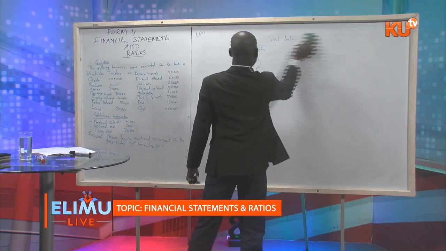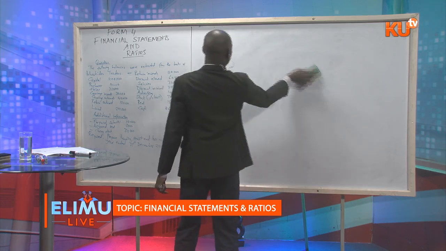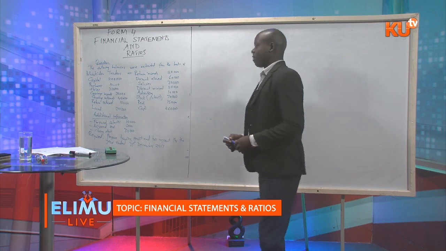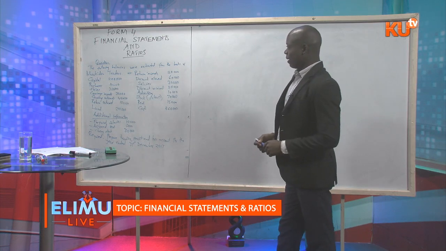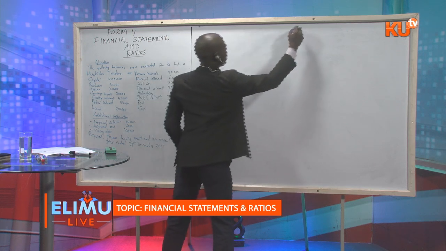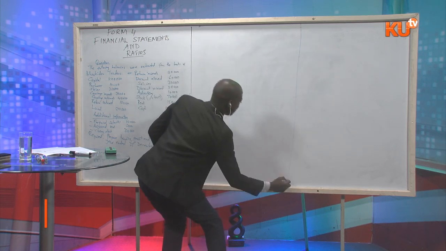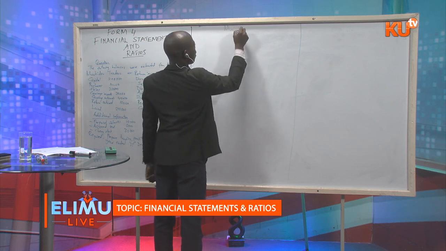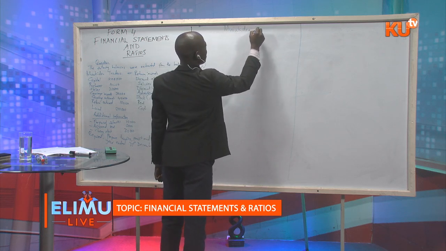So let's then handle this question and see what we need to prepare. We have Mwakideu Traders, so we'll prepare our statement. We'll say Mwakideu Traders, that is the name of the business.